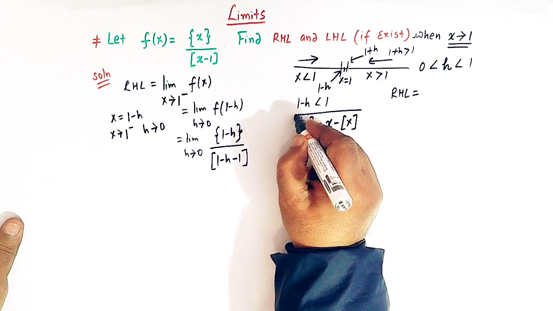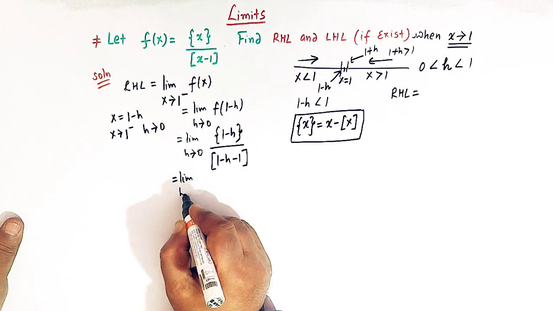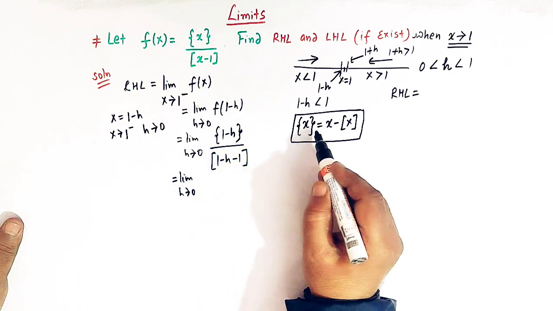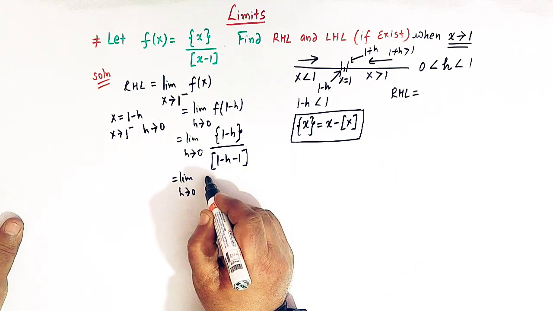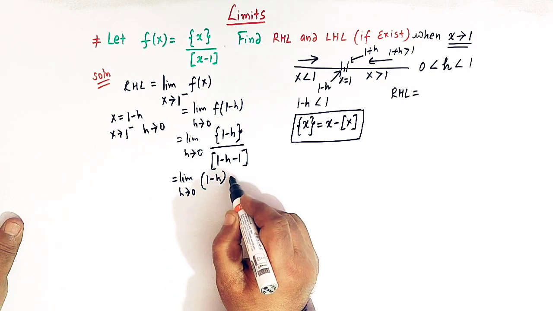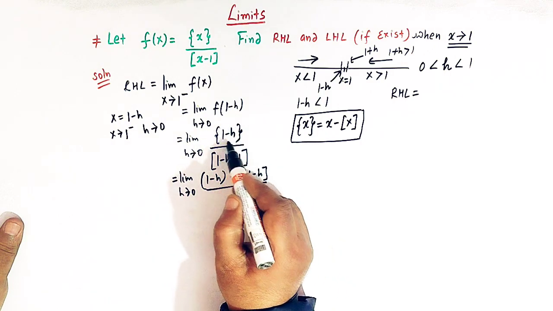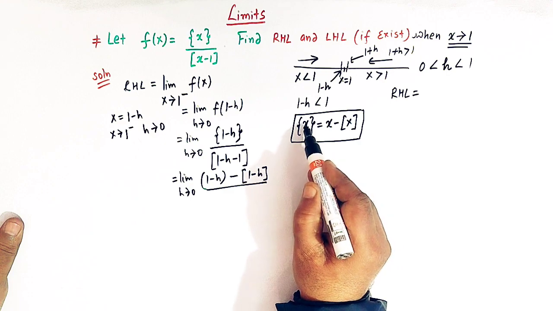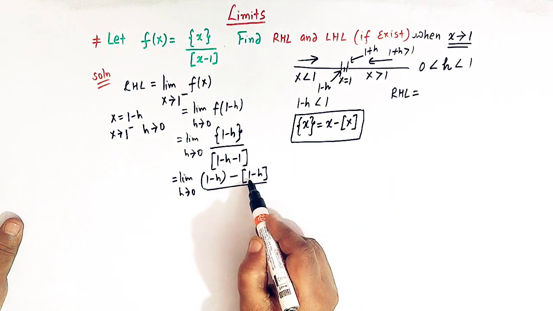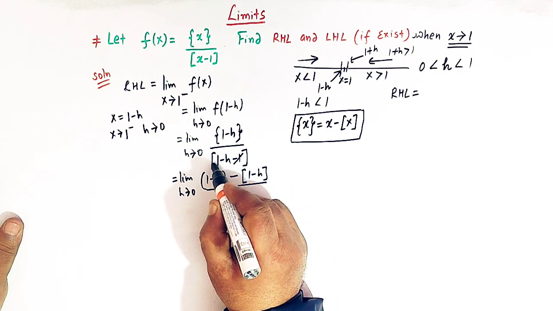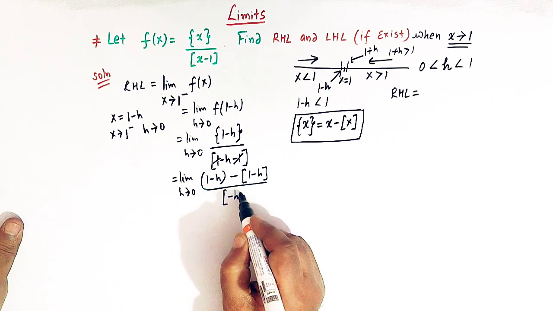So the fractional part of 1 minus h may be written in terms of the greatest integer function, taking x is equal to 1 minus h: it is 1 minus h minus greatest integer of 1 minus h. Here the minus 1 and 1 get cancelled, and we have simply greatest integer of minus h.